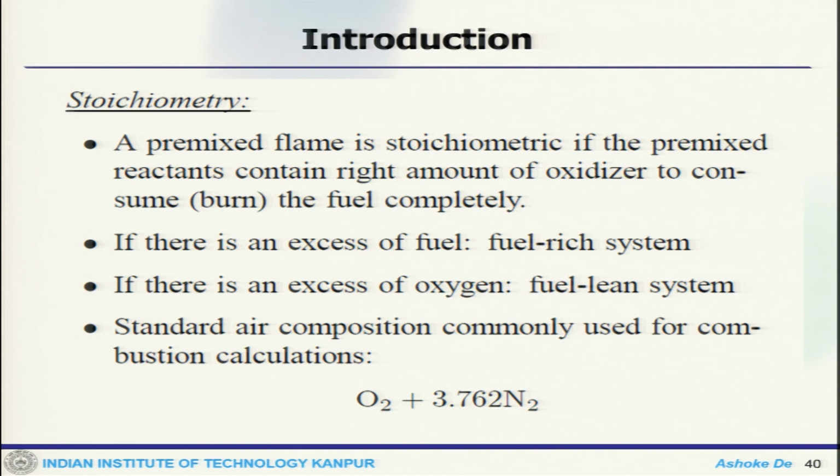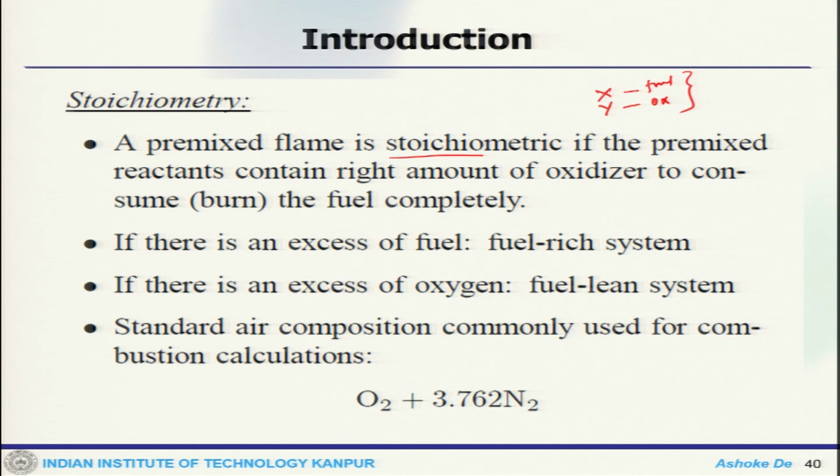Now, another definition when you talk about the premix flame is the stoichiometry. Typically the premix flame is stoichiometric if the reactant contains the right amount of oxidizer to consume the fuel completely. That means if I mix x amount of fuel with y amount of oxidizer, the proportion is rightly maintained, so that you get a stoichiometric situation.